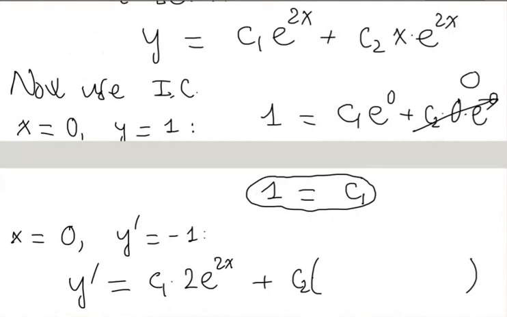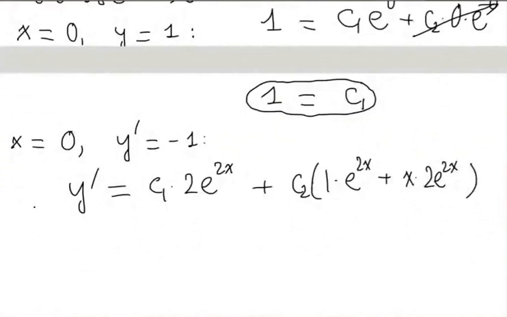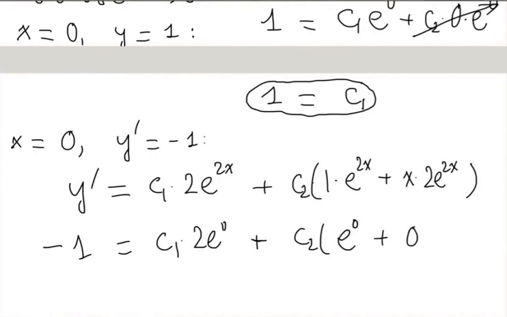The derivative of x is 1, so we have 1 e to the 2x plus x 2 e to the 2x. And then we plug x equals 0, y prime equal to -1 in. We get -1 equal to c1 2 e to 0 plus c2 e to 0 plus 0 e to 0.